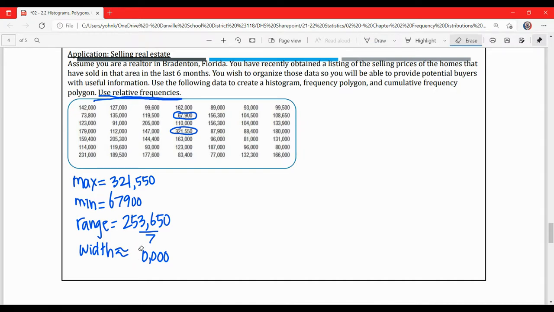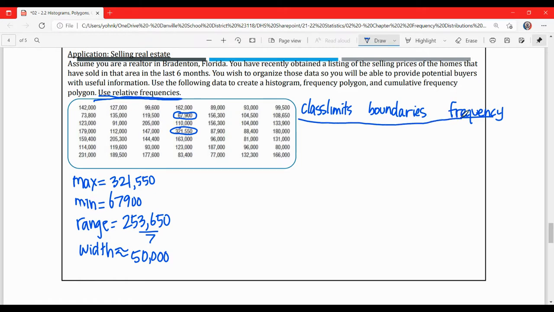It really doesn't make a difference what you call your class width, as long as you're making every value be able to be found in your distribution. So usually we would start with the class limits and the boundaries and the frequency. I'm going to leave the tally out. You can put the tally column in there if you really want to, or we could just count.